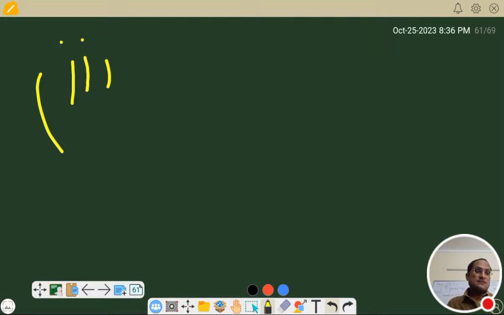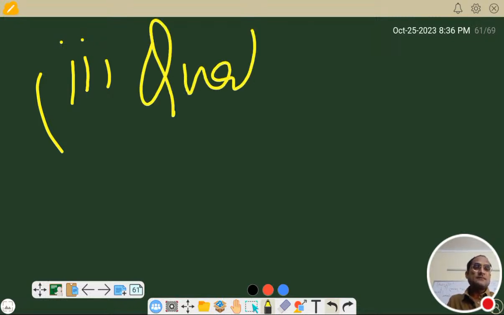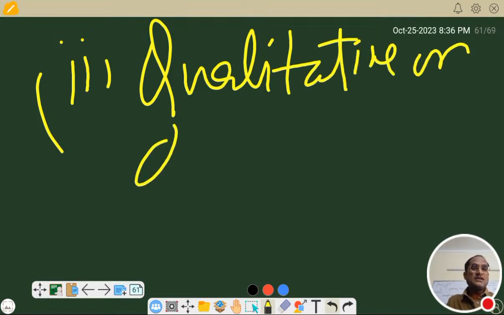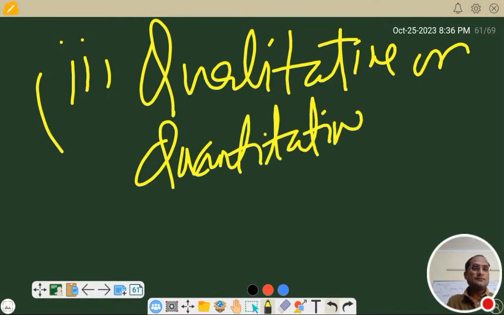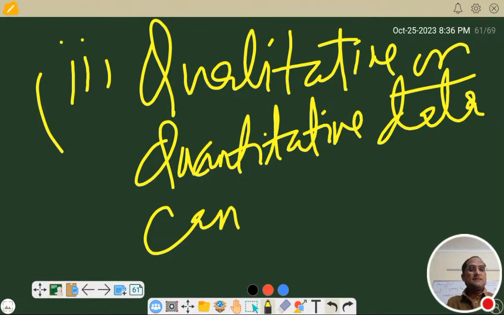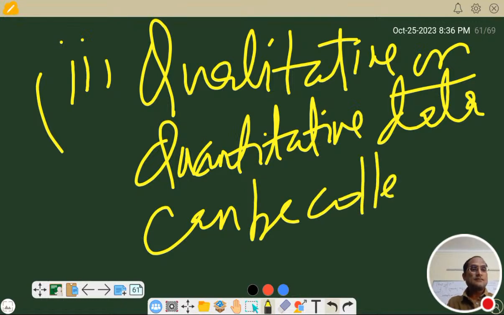Then, as we have seen in case of survey and observation, what can be the types? Qualitative or quantitative data can be collected. Once you have understood the fundamentals of one type of research method, you can replicate and apply them to other types as well.